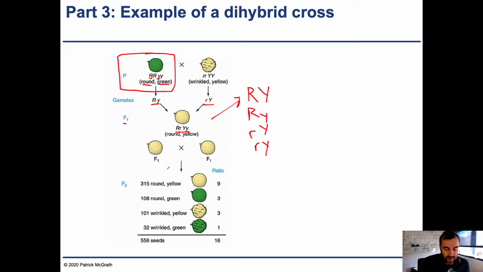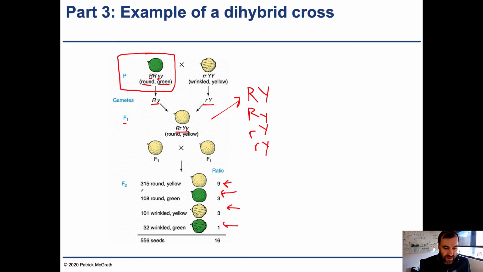If we do this F1 cross, what we end up with are F2s with 4 different phenotypes. We have parent 1, parent 2, the F1, and then a brand new phenotype, which is wrinkled and green.